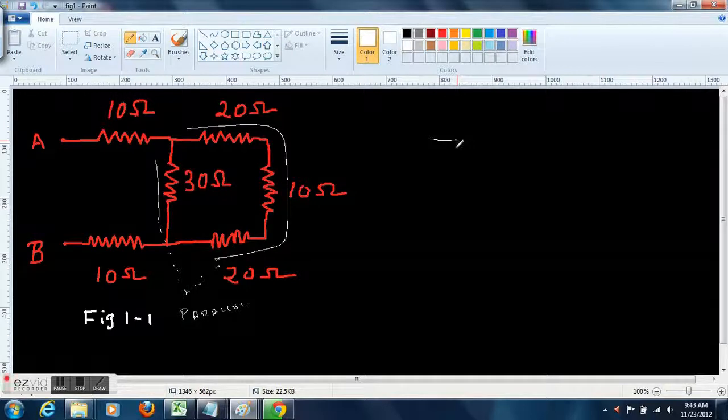So let me draw it here. This is 20. Let me draw it a little bit thicker. Then 10 and then another 20.